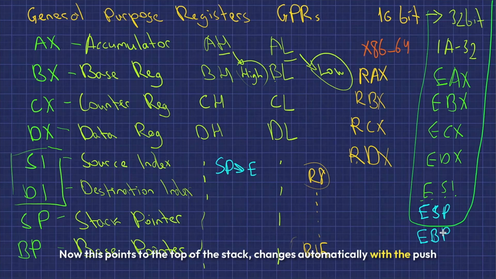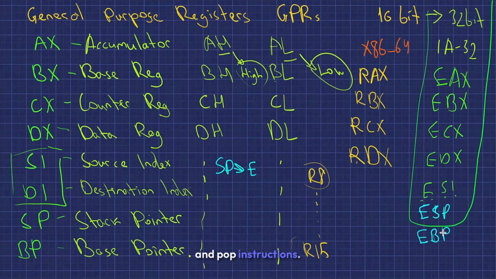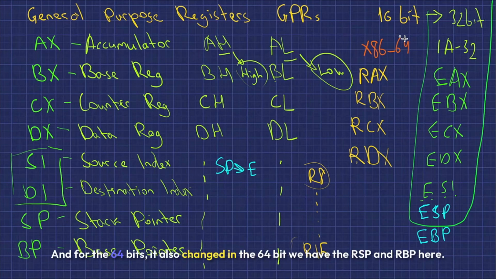This points to the top of the stack, and changes automatically with the push and pop instructions. And for 64 bits, it changed again: we have RSP and RBP.